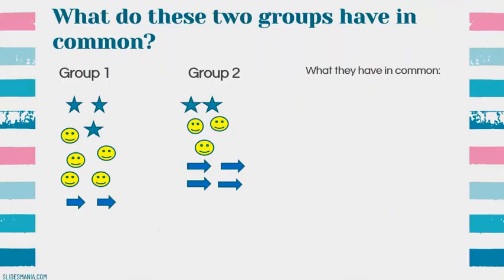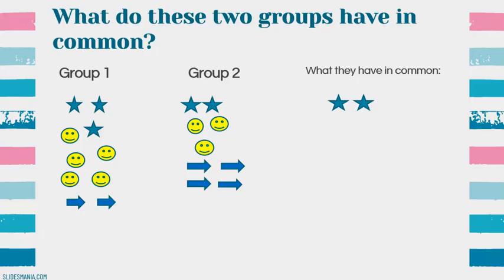So when we look at an example like this, I have two groups. Group 1 has 3 stars, 5 smiley faces, and 2 arrows. Group 2 has 2 stars, 3 smiley faces, and 4 arrows. And what we're asking is, what do they have in common? You probably would think, well, they have stars, smiles, and arrows in common. But more specifically, they each have 2 stars.